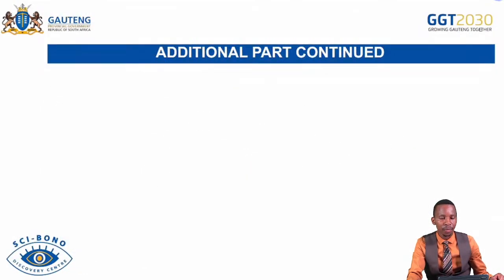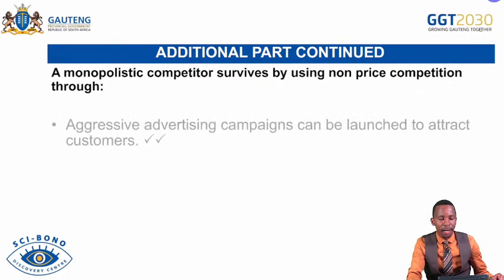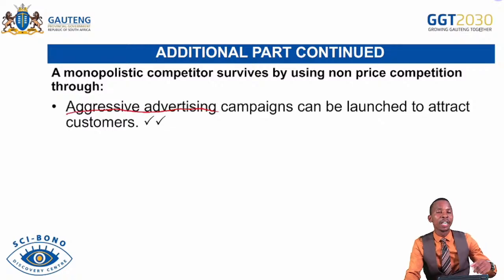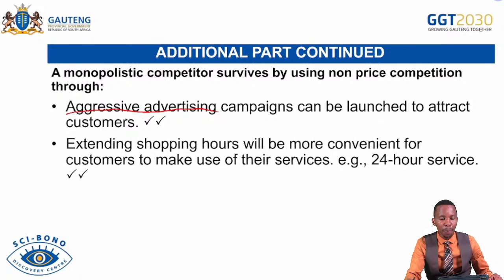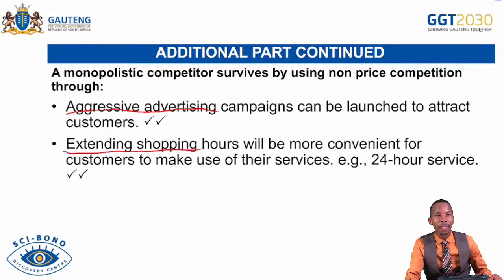We continue. A monopolistic competitor survives by using aggressive advertising. Firms advertise their product to give it publicity in society so that consumers will be persuaded to demand the product. So they tend to be attracted to buy the product. Extending shopping hours. Some of these businesses operate for 24 hours under the monopolistic, so that makes them keep on getting these consumers and increase their sales.